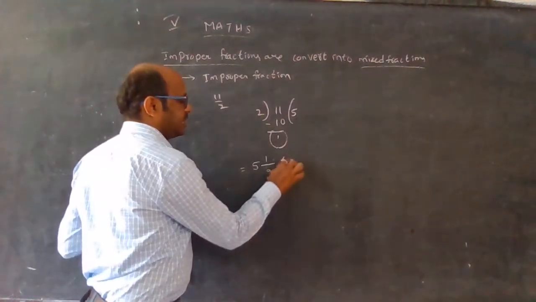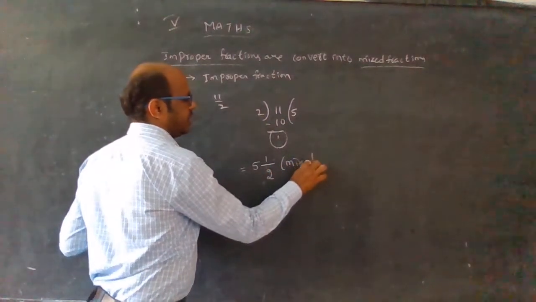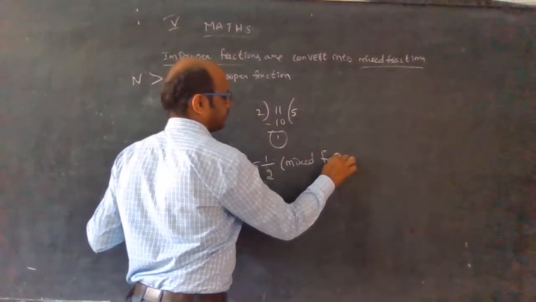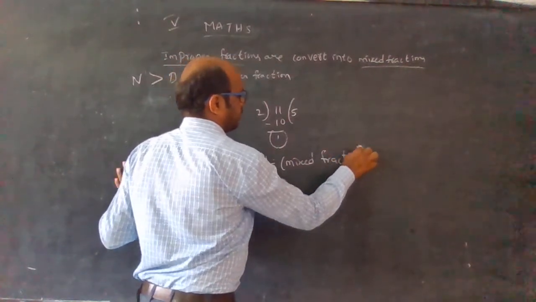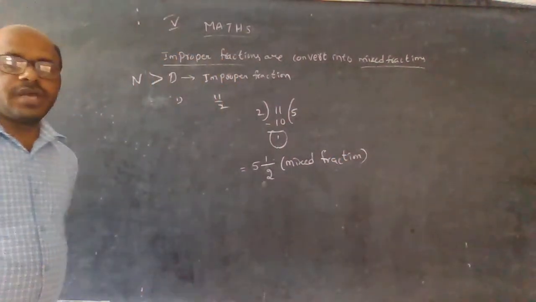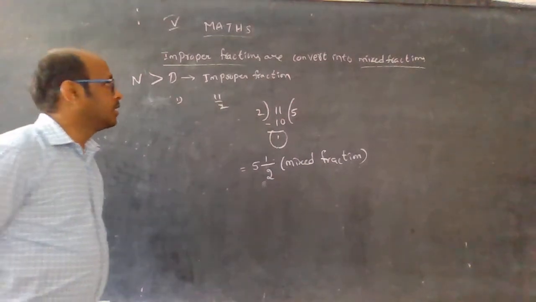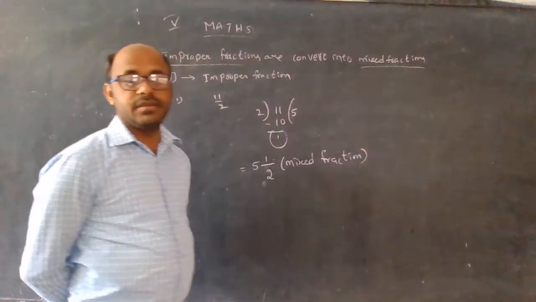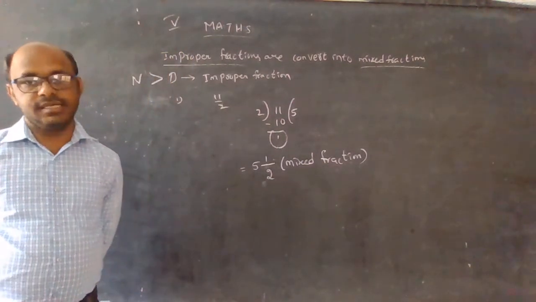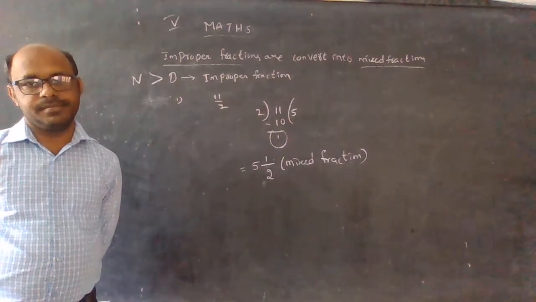This we say is a mixed fraction. This is the way we convert an improper fraction into a mixed fraction.